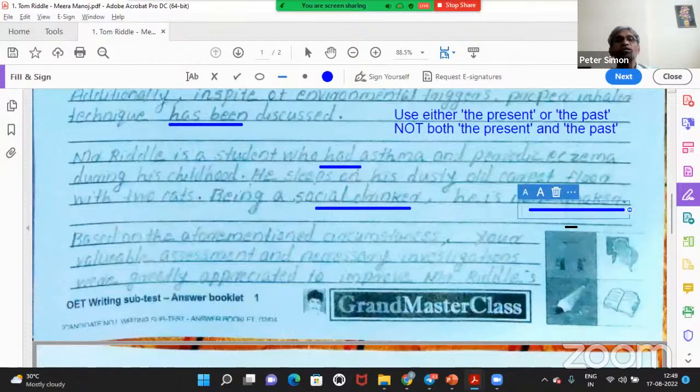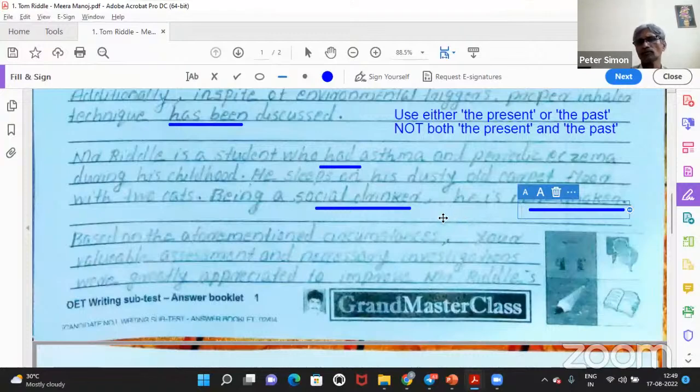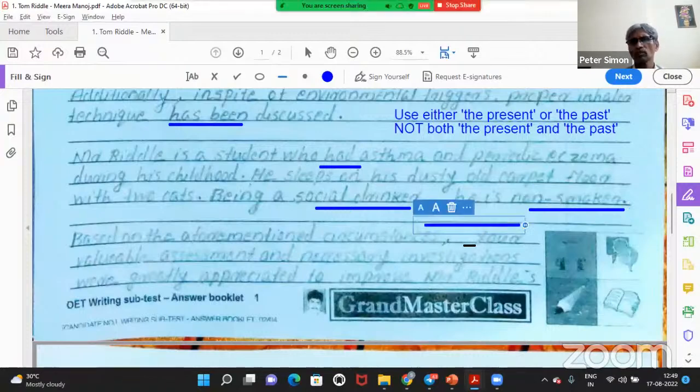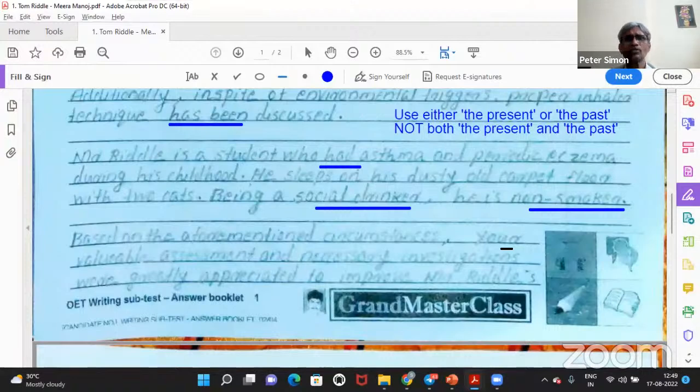Non-smoker is the opposite, so why do you want to write non-smoker? You need not write non-smoker there. If he's a smoker, you can write because it's a problem. If he's non-smoker, you need not write that.